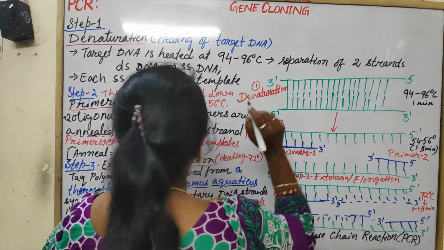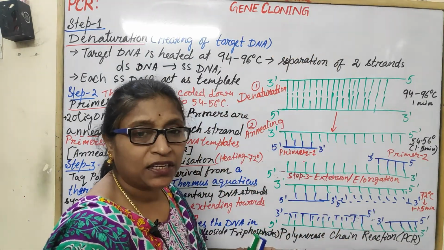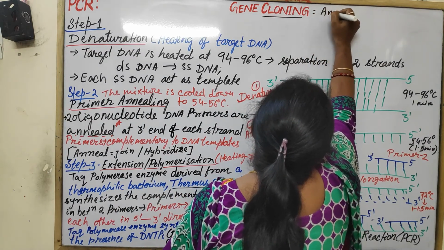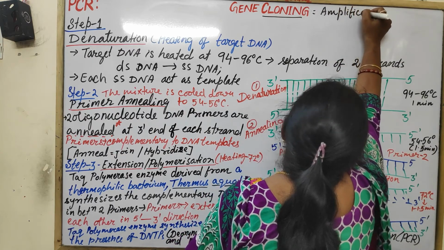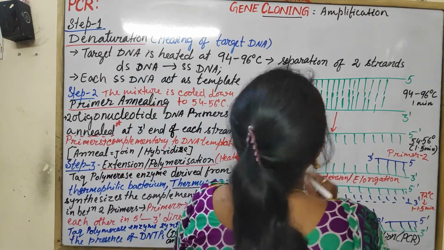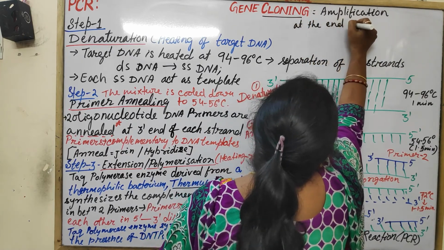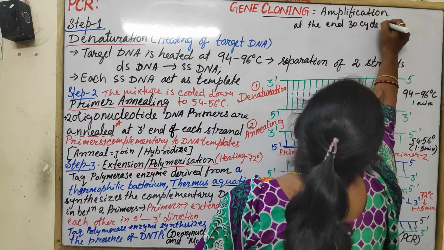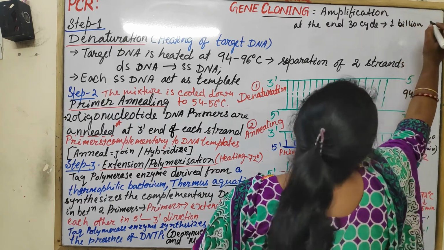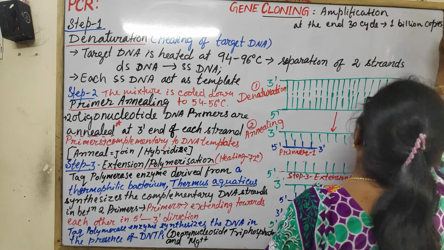The gene can be cloned up to 1 billion copies in 30 cycles. So this cloning is also known as amplification.